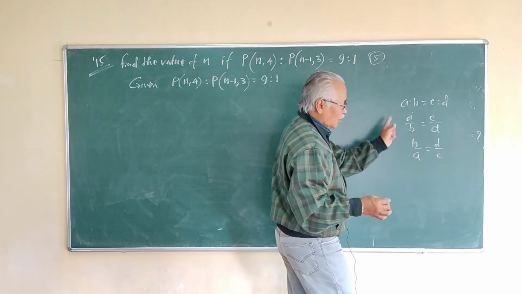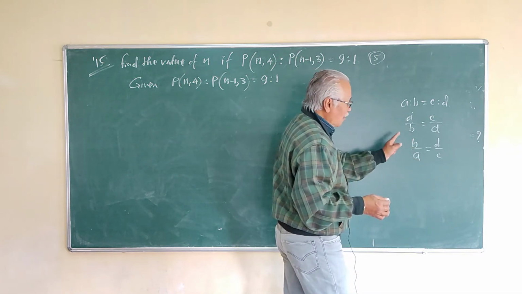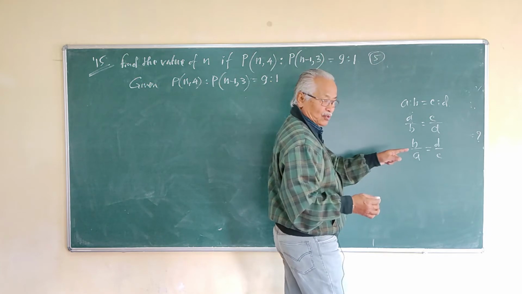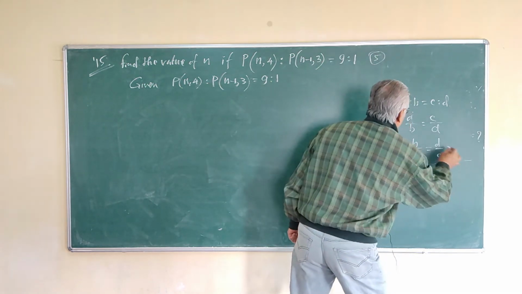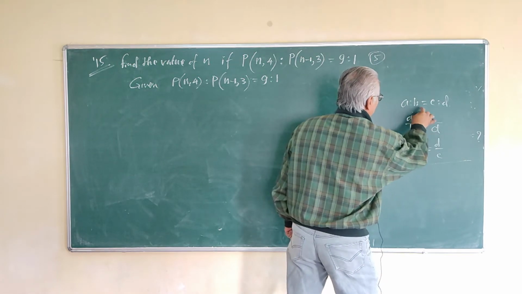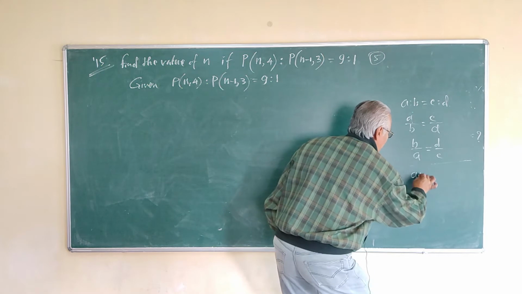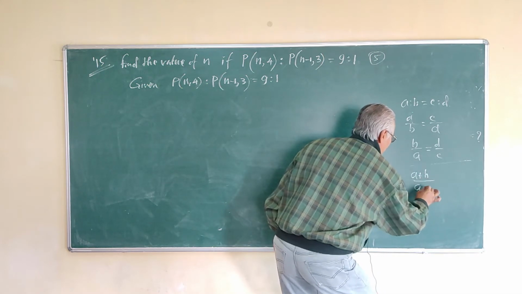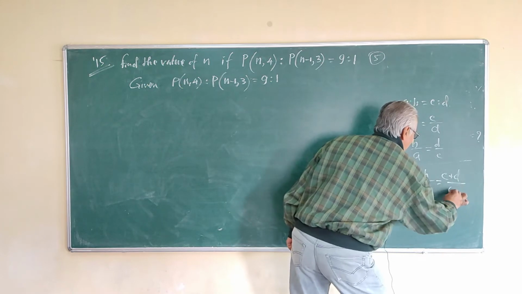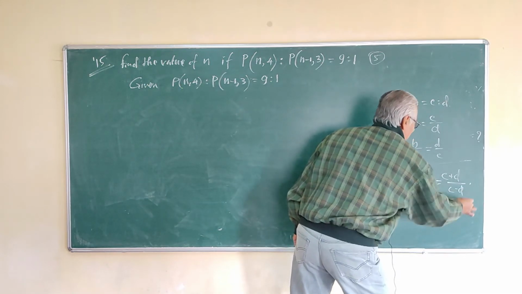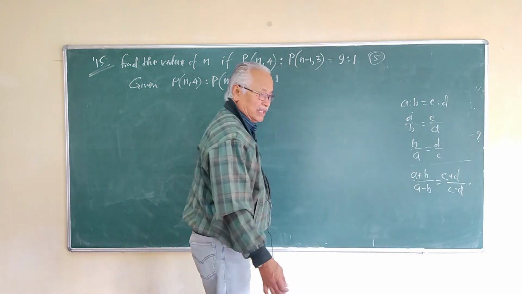On top of that, you have got something called componendo and dividendo also. What is componendo and dividendo? If A is to B is equal to C is to D, then componendo and dividendo gives you A plus B divided by A minus B will be equal to C plus D upon C minus D. So these are the things probably you must have learned in the school days.